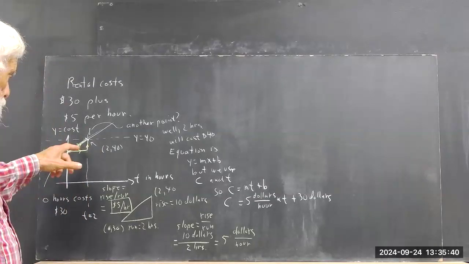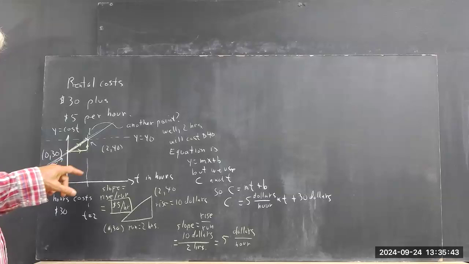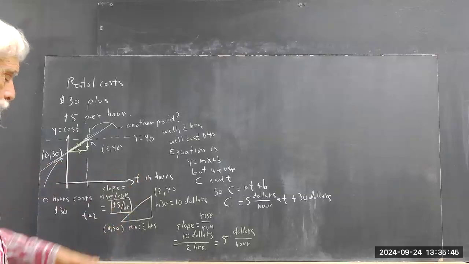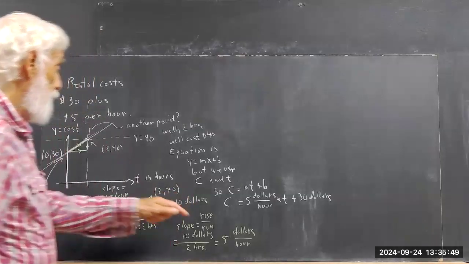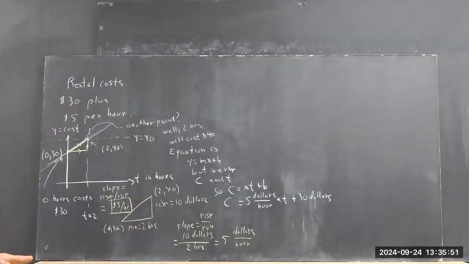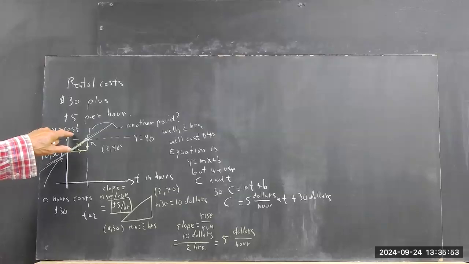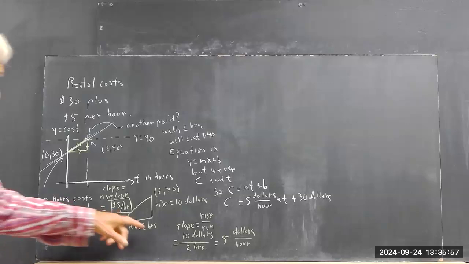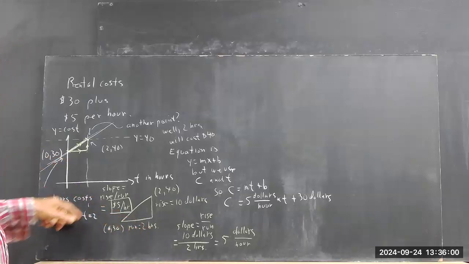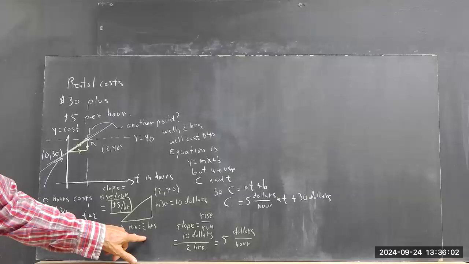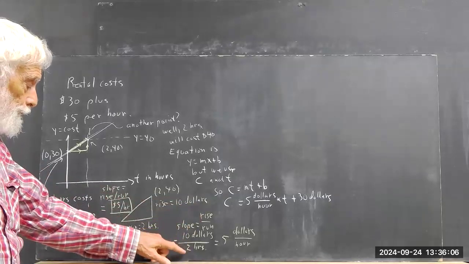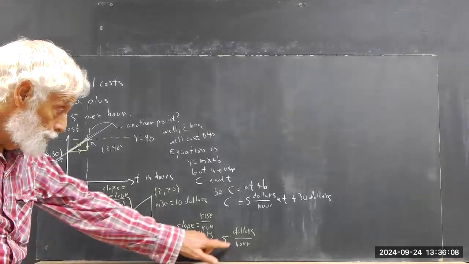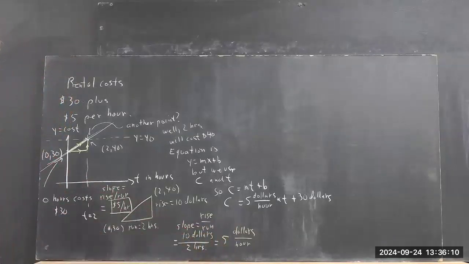So this is a large triangle between (0, 30) and (2, 40). The rise is $10. Cost is in dollars. I didn't write that here. I should have said cost in dollars. And the run is from 0 hours to 2 hours. Run is 2 hours. So the slope is rise divided by run, $10 divided by 2 hours, which is $5 per hour.